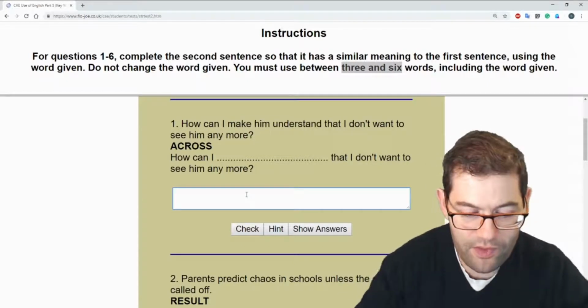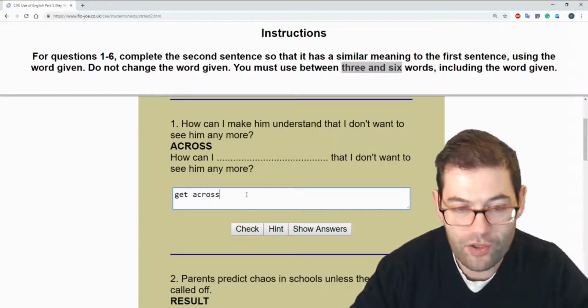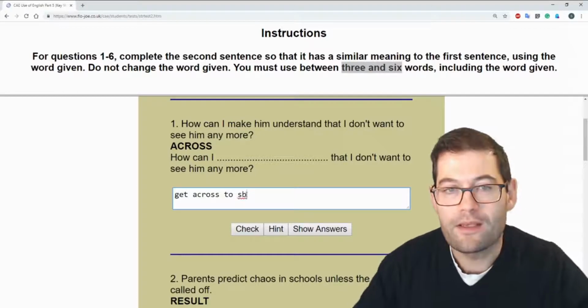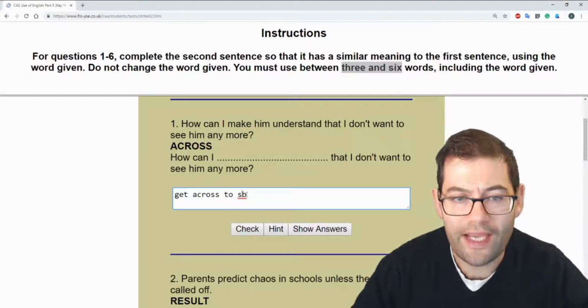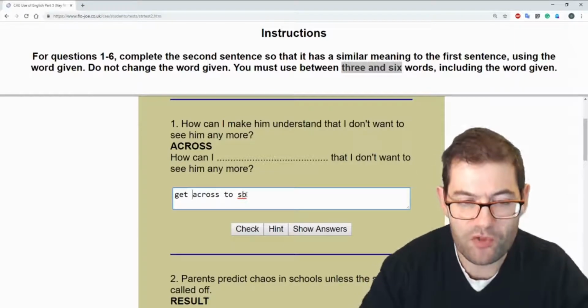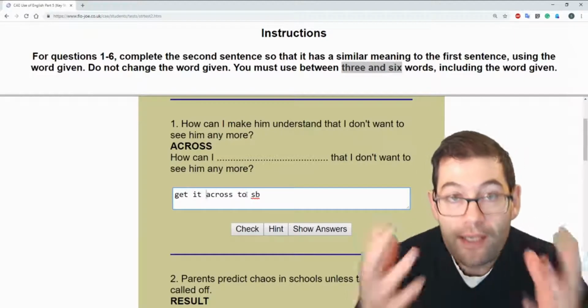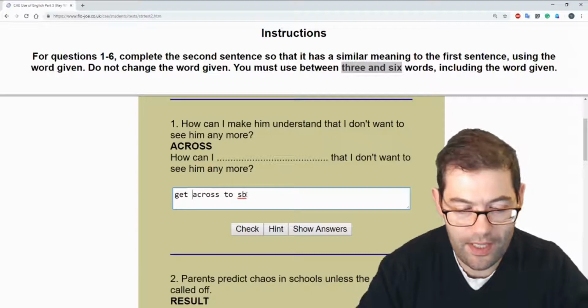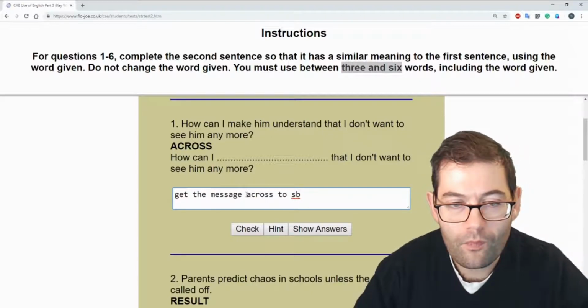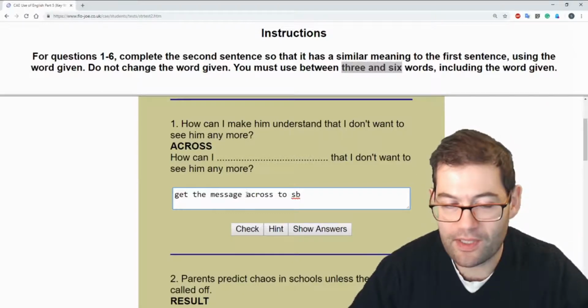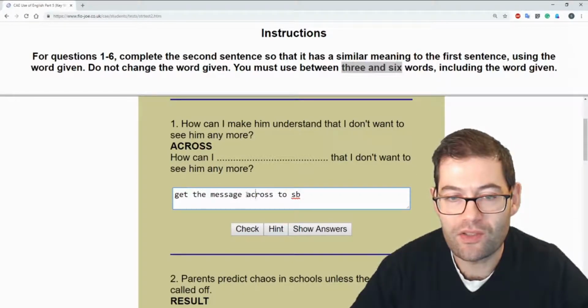So first of all, we've got the phrasal verb get across to somebody. So we've got to think, first of all, what do I have to get across? And we've got a couple of options. We can either say get it across in general, or we could say get the message across. So we've got two options there with get it across or get the message across.